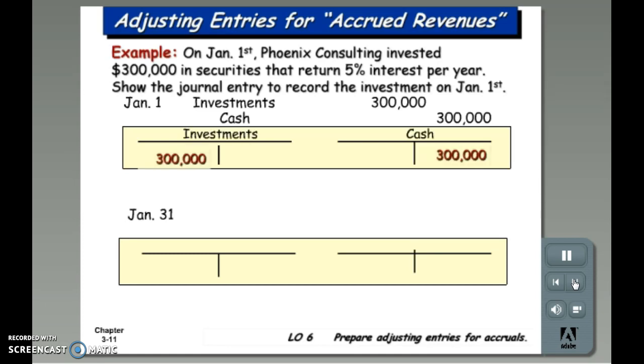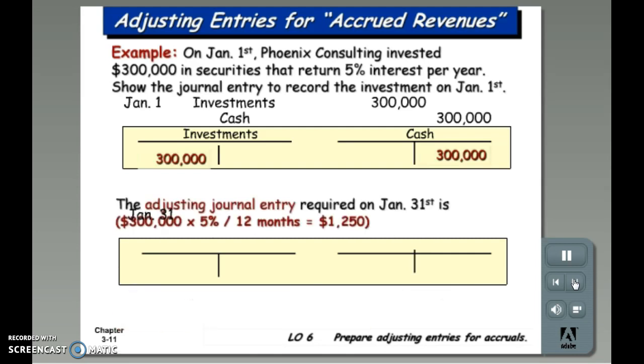At the end of January, Phoenix Consulting has earned 1 month of interest that will be recorded through an adjusting journal entry. Interest is determined by the formula interest equals principal multiplied by the annual interest rate multiplied by the amount of time the interest is being earned.